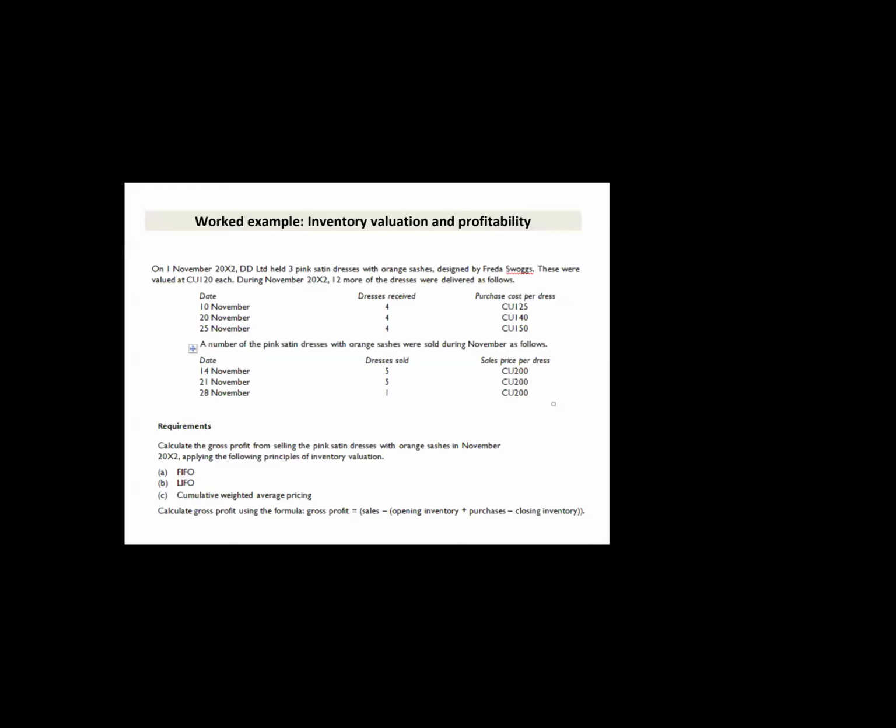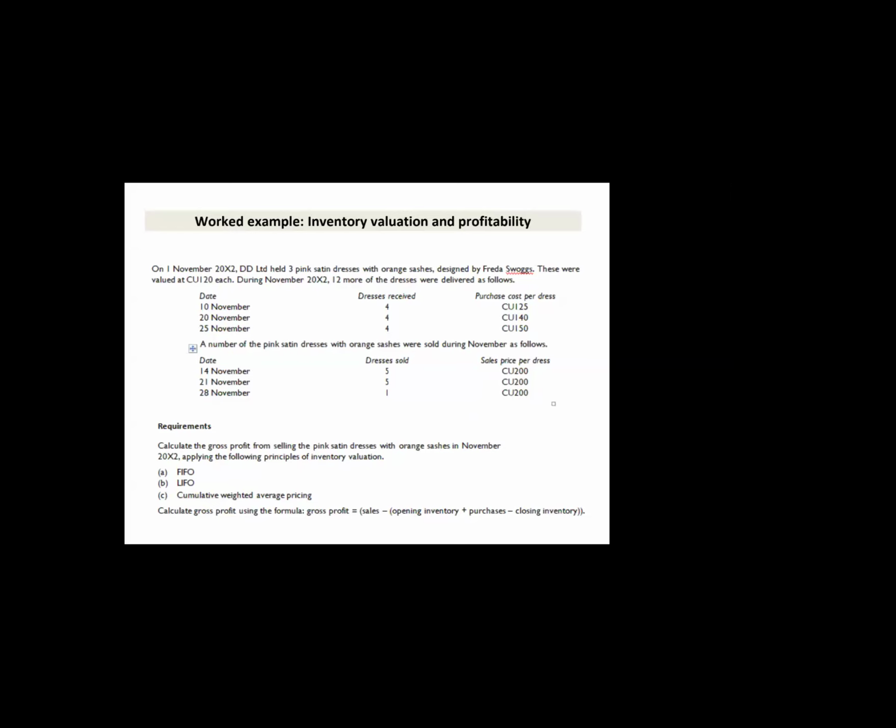So here we are selling 5 dresses on 14 November. We have inventory up to 14 November: 3 dresses at the rate of 120 and 4 dresses at the rate of 125. Under the FIFO method, when we issue 5, from which quantity will we issue first? First 3 at 120, and the rest 2 at the rate of 125.